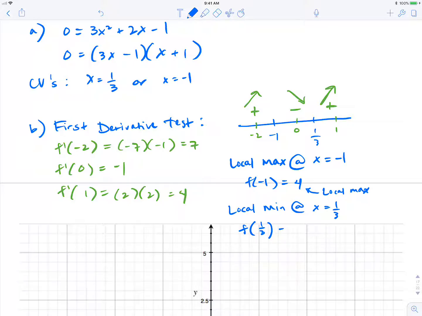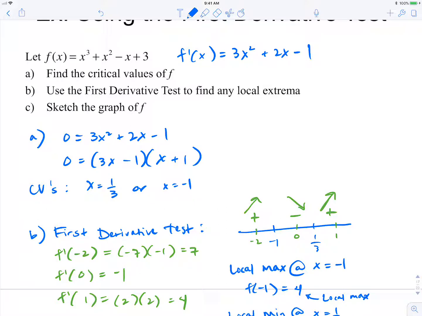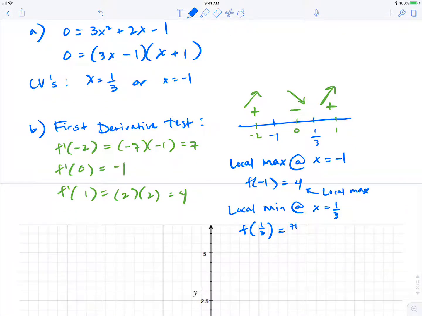So we are finding 1/3 cubed. Which gives 76/27, which is approximately 2.81. So that is our local minimum.